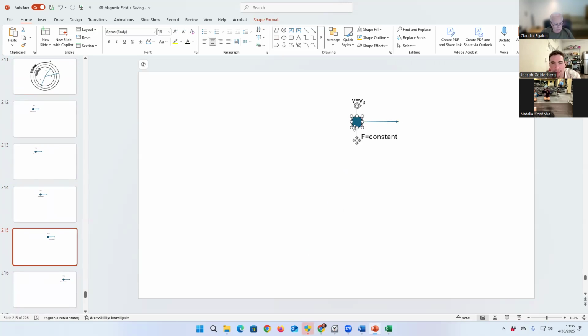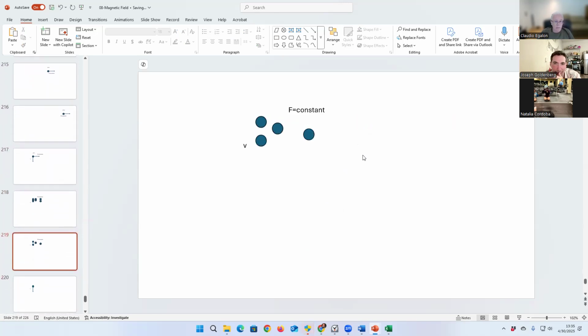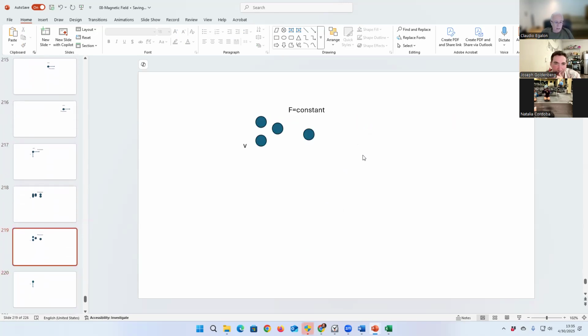The force is not changing. It's the velocity that's changing, right? So how do we get to the motion? Isn't velocity changing acceleration? Yeah, it's accelerated, right? Here you go.